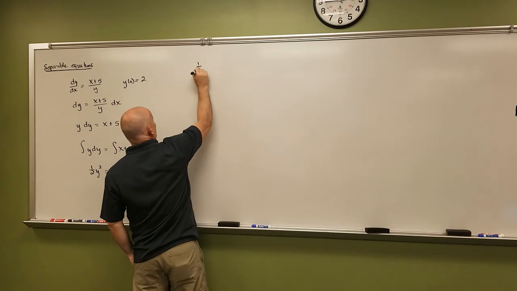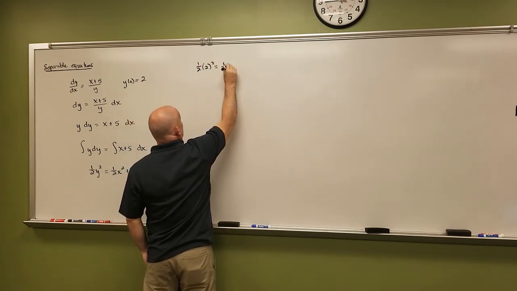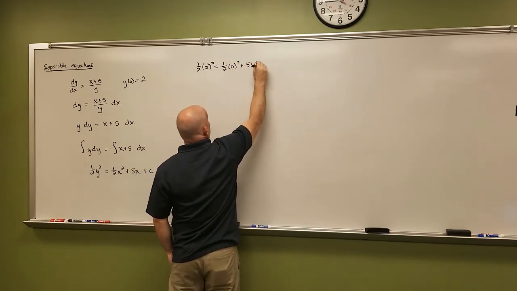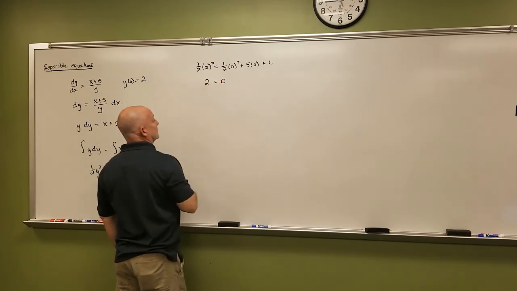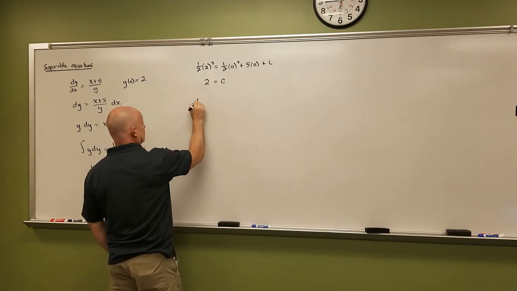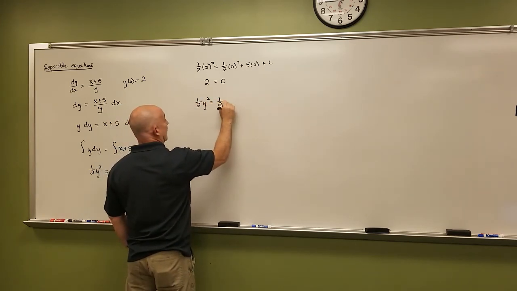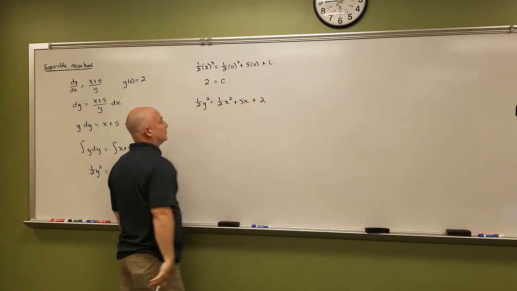That's going to be 1/2 times 2 squared equals 1/2 times 0 squared plus 5 times 0 plus c. So 2 is equal to c. Now our solution so far is 1/2 y squared equals 1/2 x squared plus 5x plus 2.